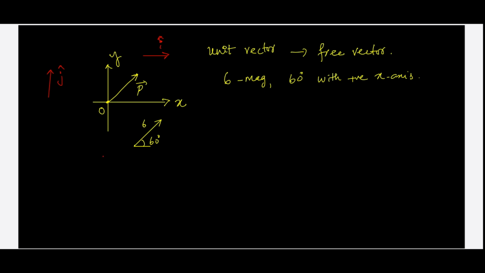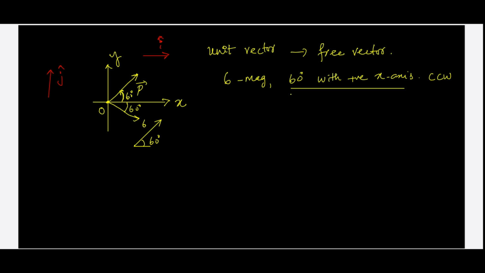Right. So we need to define the orientation of the vector very clearly, right? 60 degrees with positive x-axis. Even this is not completely defined, because if you say 60 degrees with positive x-axis, I can also show another vector which is also making 60 degrees with positive x-axis. So you need to mention 60 degrees with positive x-axis, counterclockwise, meaning from here, if you are measuring it counterclockwise, then it is 60 degrees.